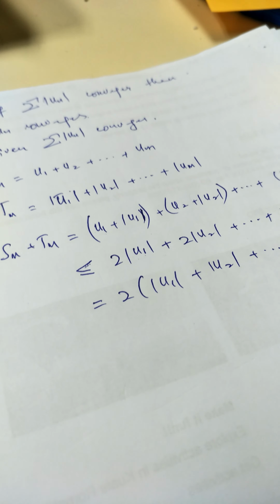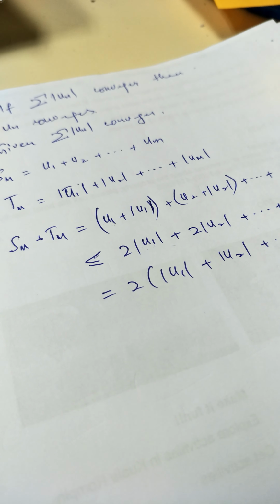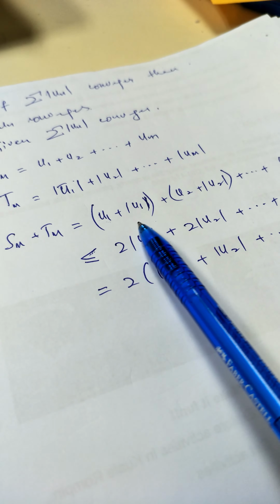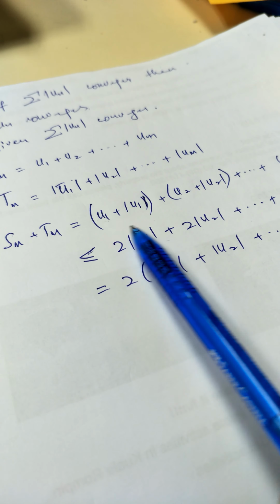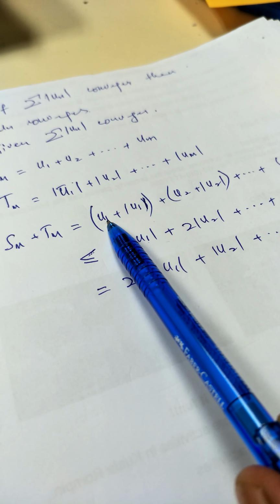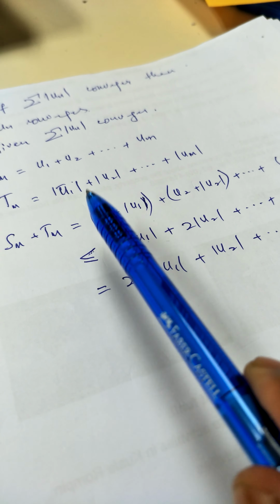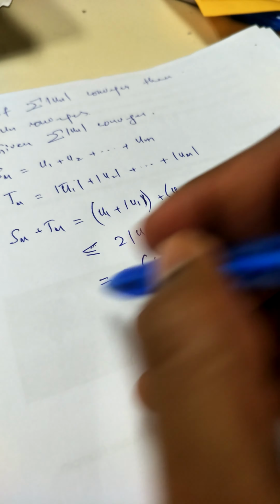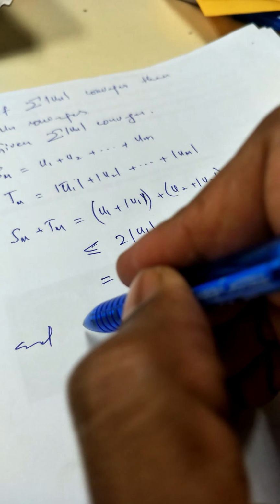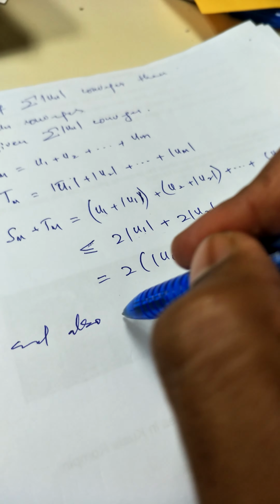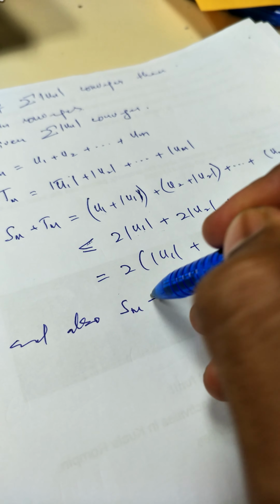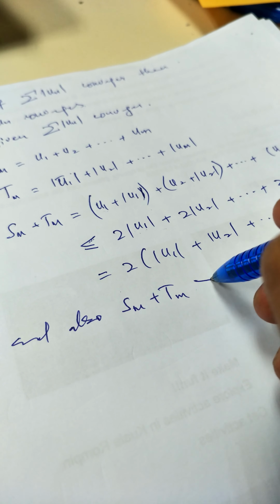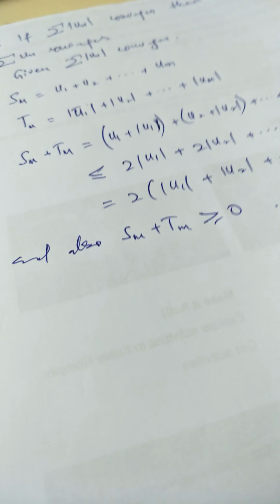And if you look at it, they are never negative. If u1 is negative, the absolute value is positive, and that gives you 0. If u1 is positive, then definitely both are positive. So Sm plus Tm is always nonnegative.